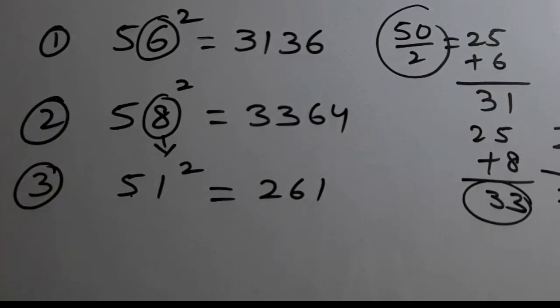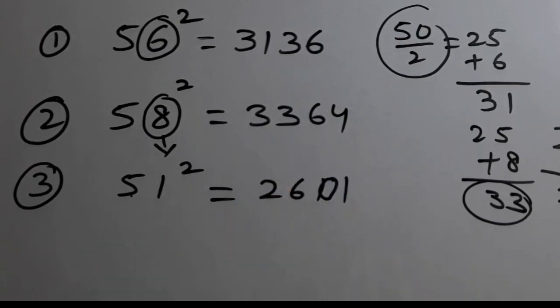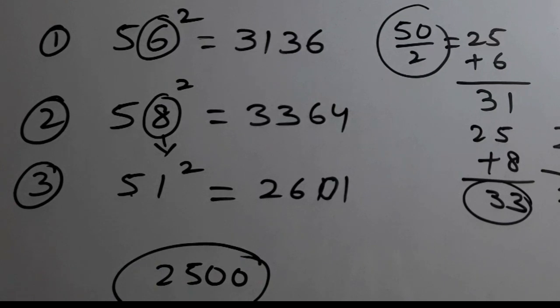If you write directly 1, it becomes 261. Instead of that, you write 01. 2601. Why? Because 50 square is nothing but 2500. So 51 square should be more than 2500. So that's why write it as 01.